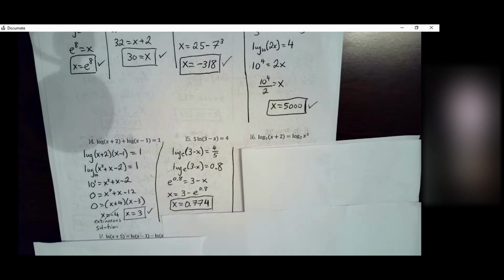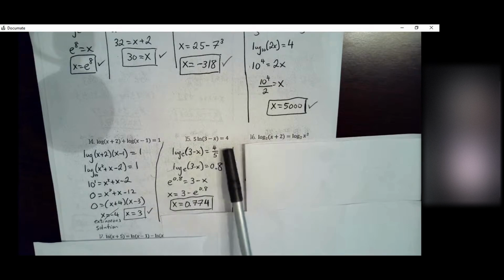So x would equal 3 minus e^0.8. Could you just leave it like that, or should you solve it? Yeah, technically you could, but it's harder to. I guess you could plug this in to the x and see that it's going to be okay because the threes cancel out. But yeah, you can leave your answer in exact form. That's perfectly fine.